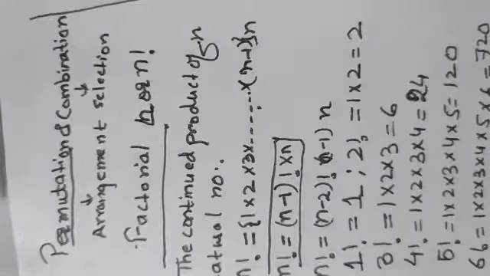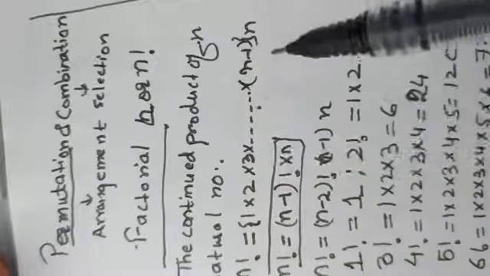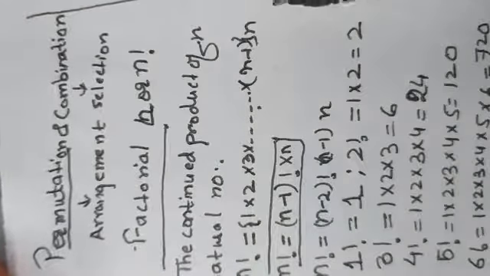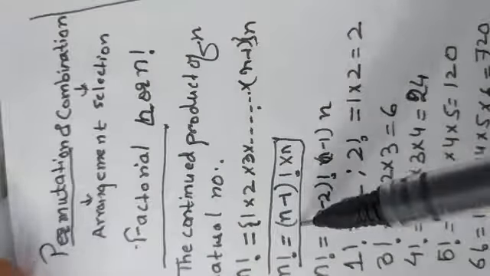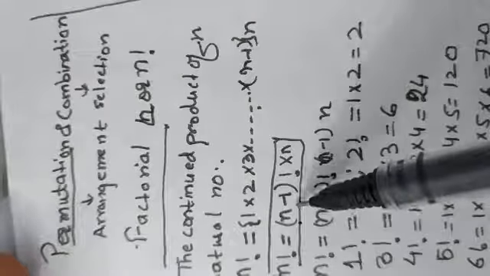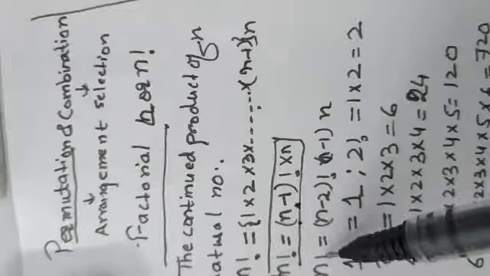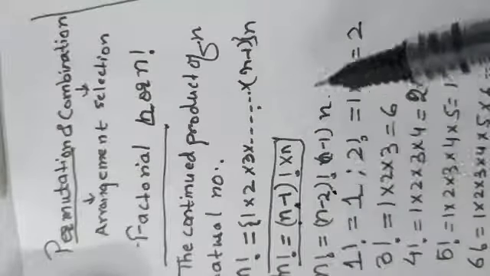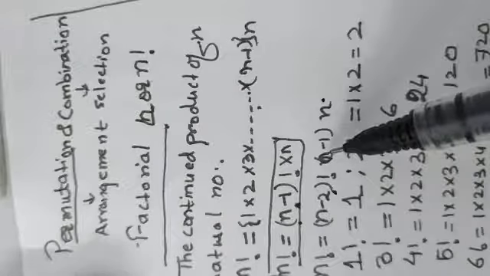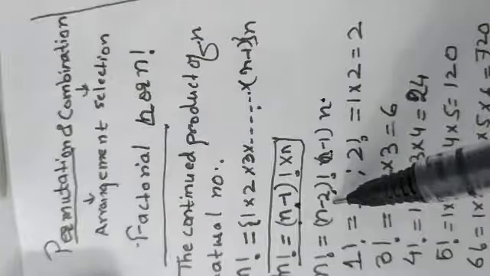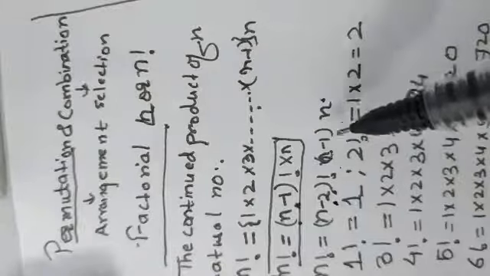So n factorial is defined as 1 into 2 into 3 up to n minus 1 into n, and similarly n factorial equals n minus 1 factorial into n. This can be continued for more steps, as n minus 2 factorial into n minus 1 into n.